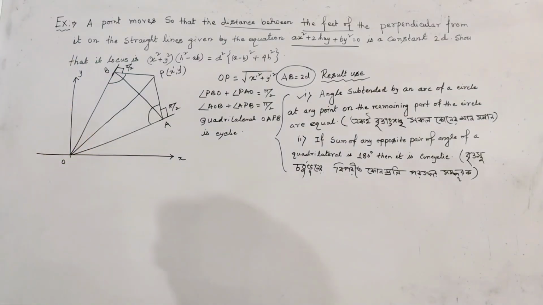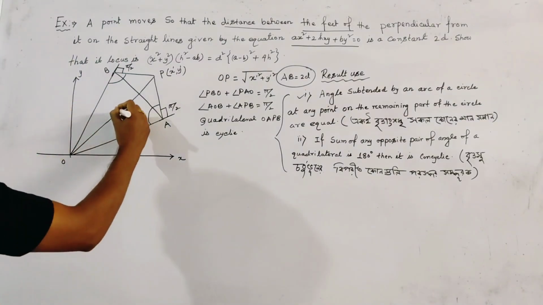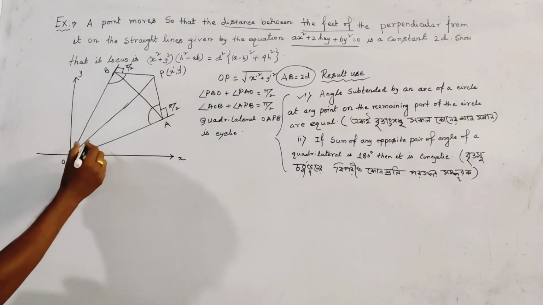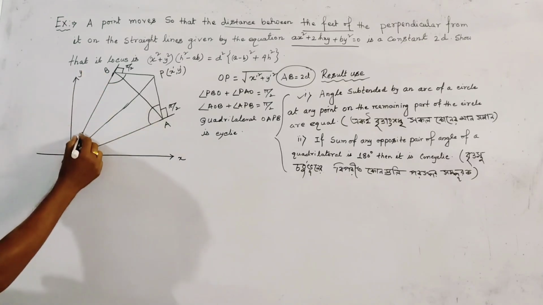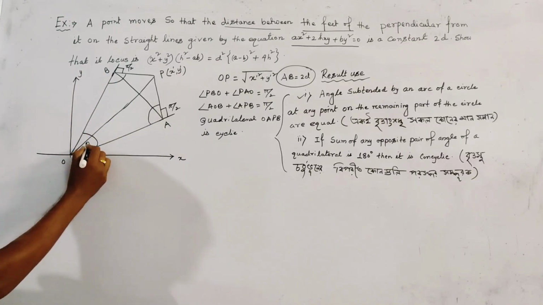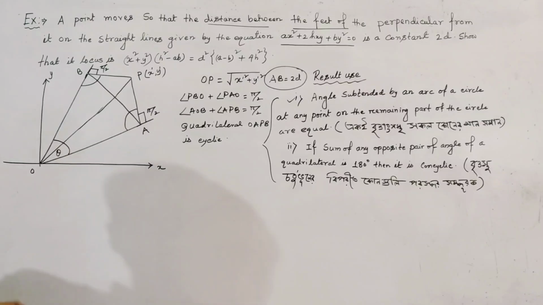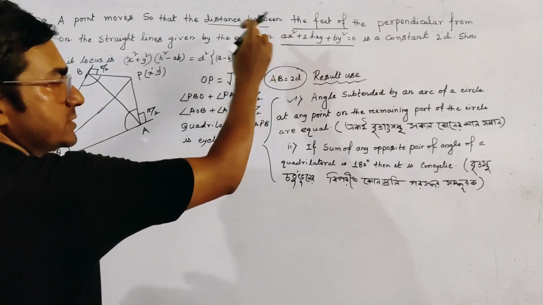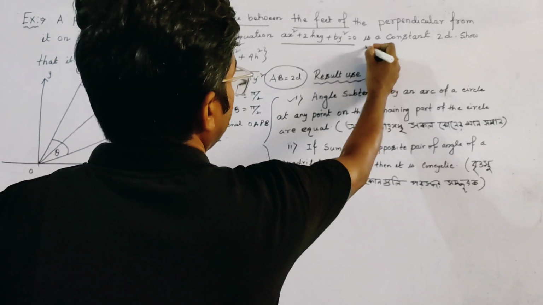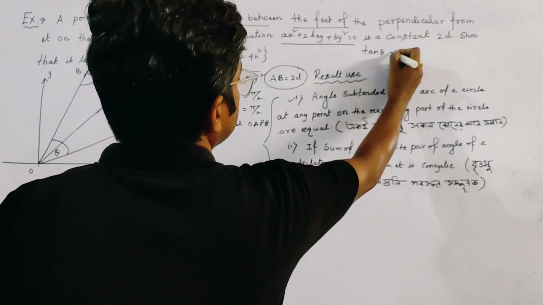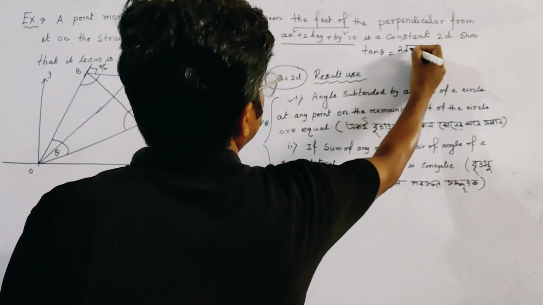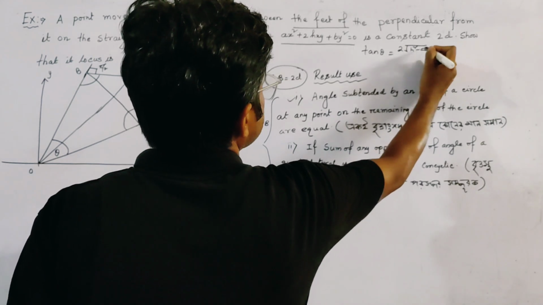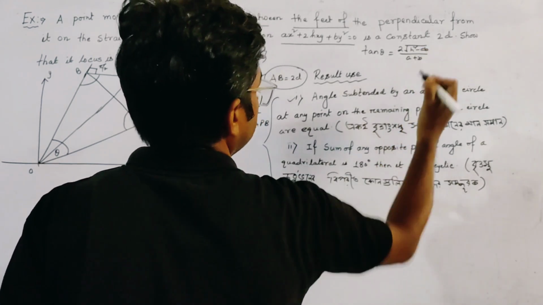Now we say another point. Let the angle between OA and OB be theta, and we know that the angle theta between the pair of straight lines given by these equations is given by tan theta equal to 2 into root under h square minus ab by a plus b.